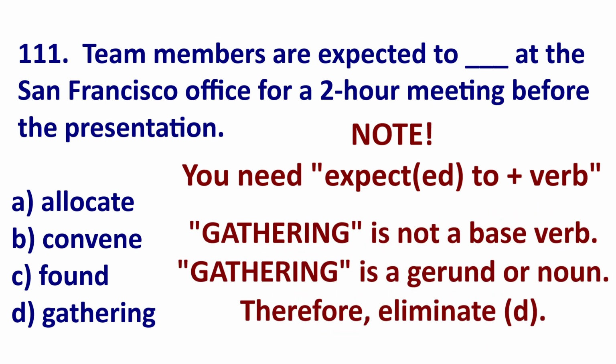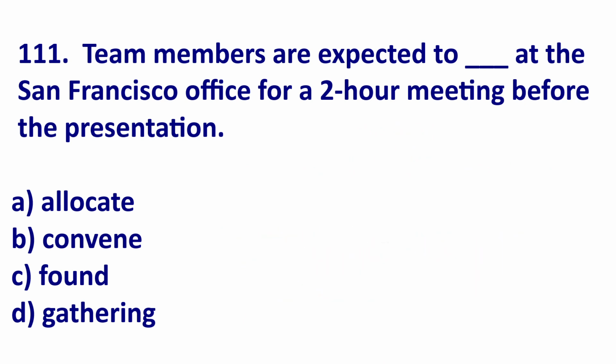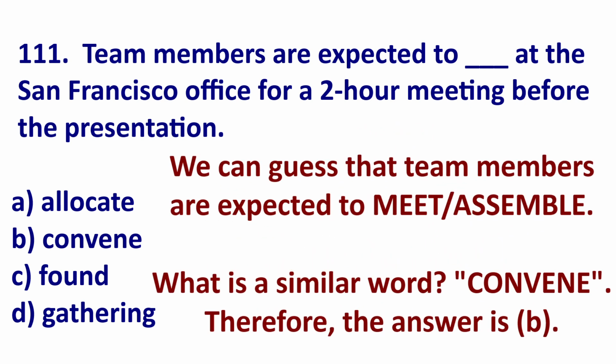Well, gathering is a gerund. It is not a base verb. So eliminate D. Well, what is the answer? Well, team members are expected to meet at the San Francisco office. What is another word for meet? Convene. Therefore, the answer is B.